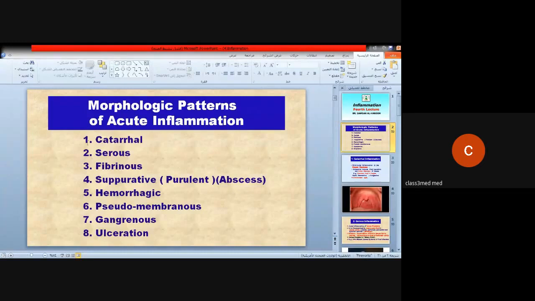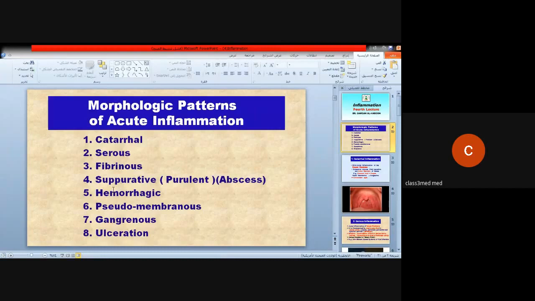The morphologic patterns of acute inflammation include the following. First, catarrhal inflammation. Second, serous inflammation. Third, fibrinous inflammation. Fourth, suppurative or purulent inflammation with abscess formation. Fifth, hemorrhagic inflammation. Sixth, pseudomembranous inflammation.